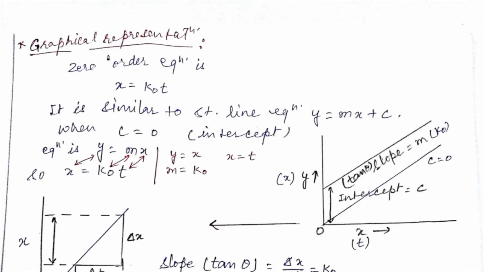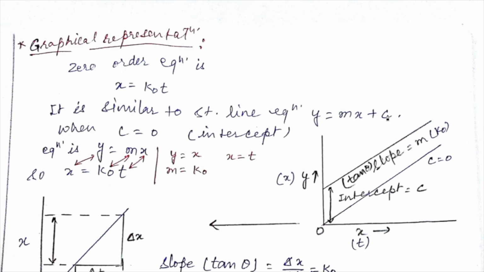Now let us see how a zero order reaction can be represented graphically. As we derived its rate law, or integral rate equation, X is equal to K naught T. This equation is similar to the straight line equation Y equals mx plus C. This is the graphical representation for this reaction. Y is the Y coordinate, X is the X coordinate.